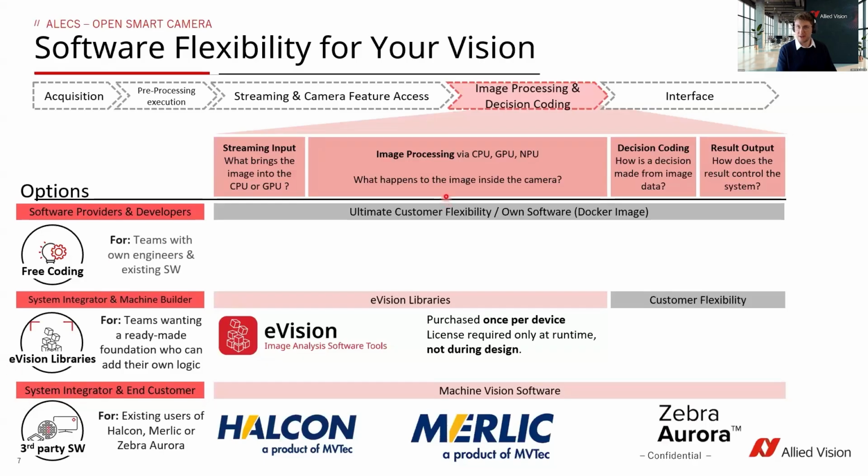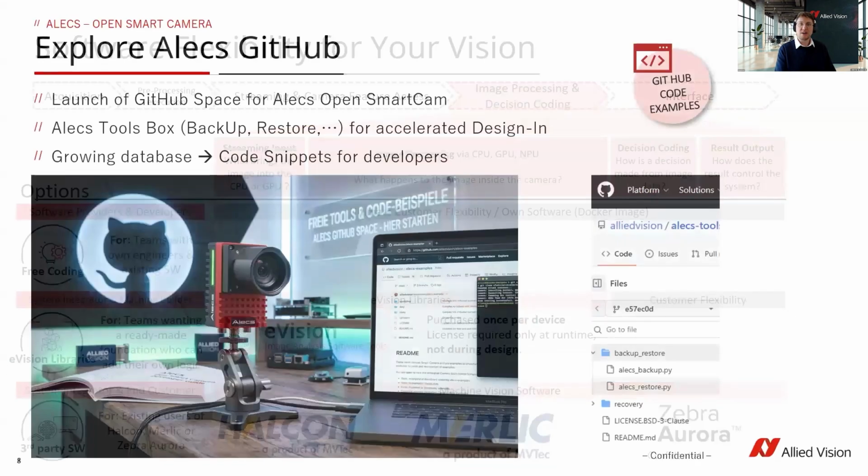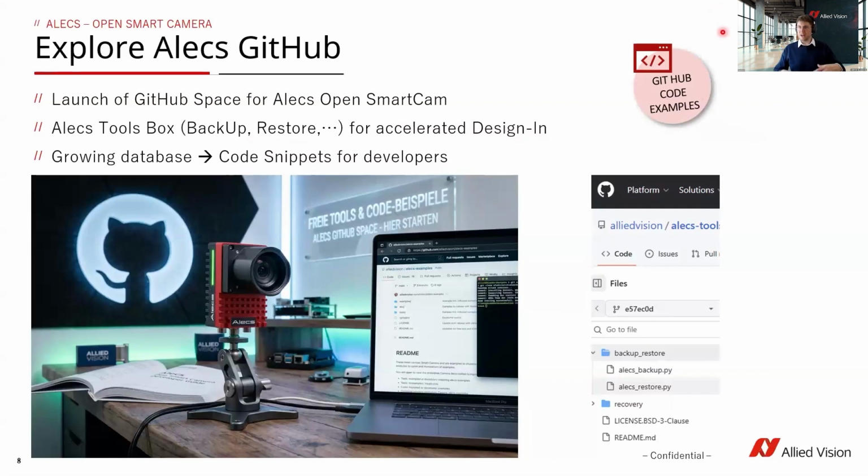Here we're talking really about the customer space. Going also to developers means we need to help as well as we can. With GitHub, we have a big space of a lot of code, and we decided from Alecs Vision to launch a GitHub space especially for Alecs code. As an open platform, we also want to show some code examples, for instance how to control the lights on the side bar or on the top, or when you want to have rainbow coloring.